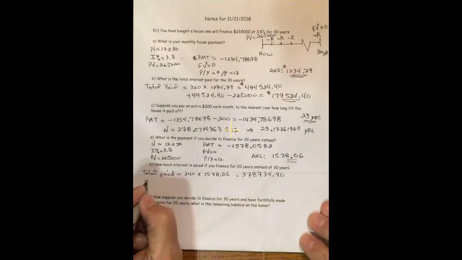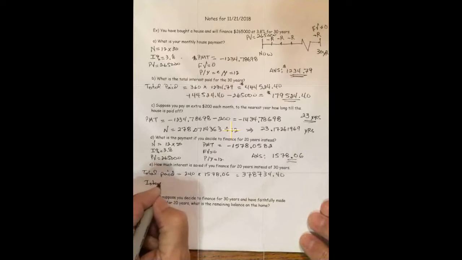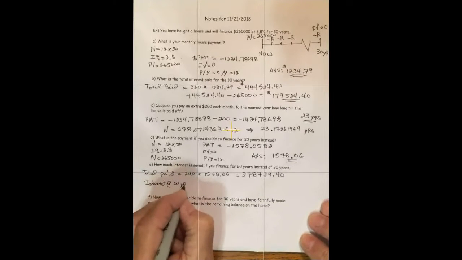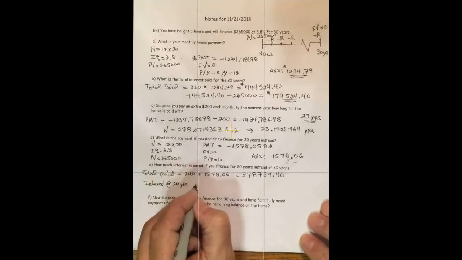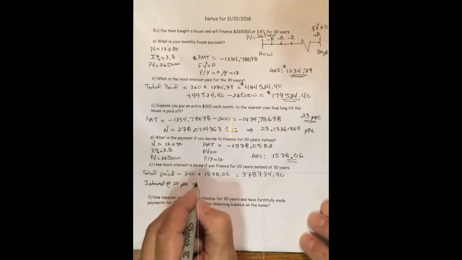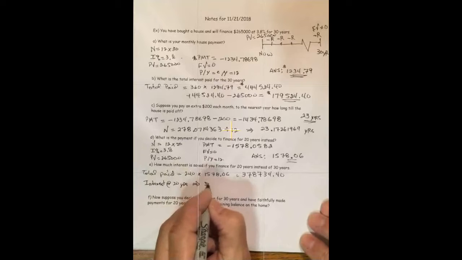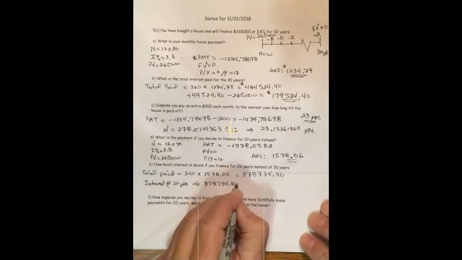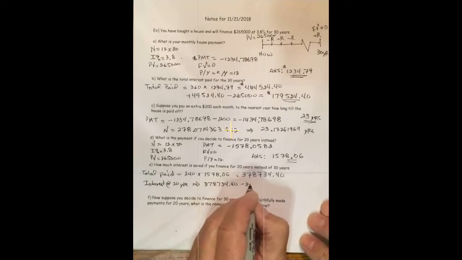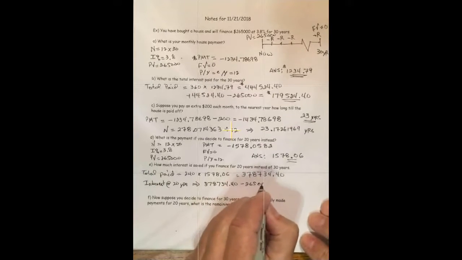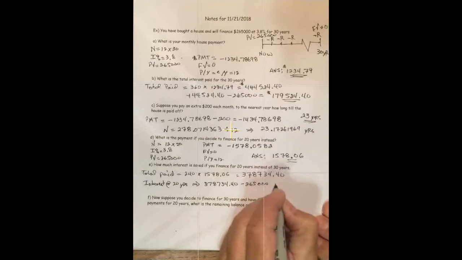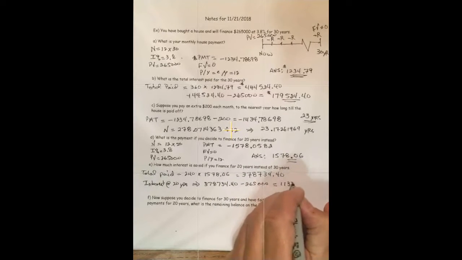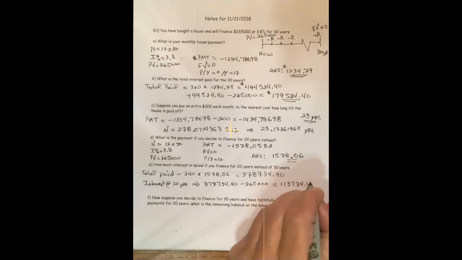Then the interest at 20 years will then be the $378,734.40 minus the cost of $265,000, and that's going to be $113,734.40.